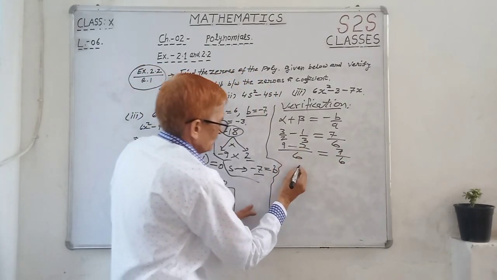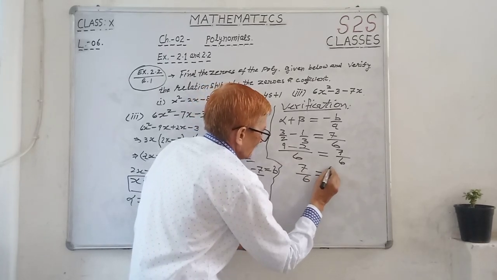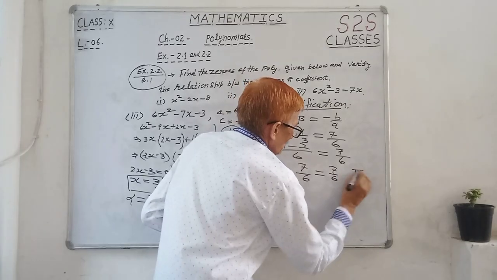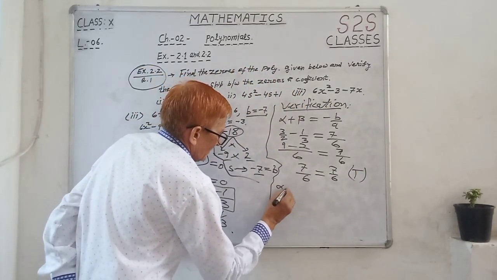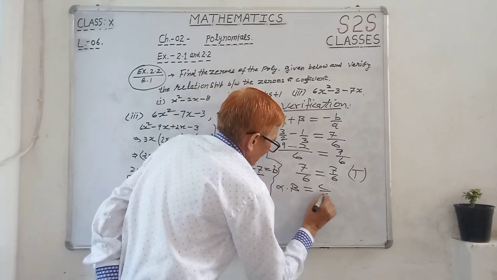Now 9 minus 2, 7 upon 6, equal to 7 upon 6. Hence verified, true. Okay.